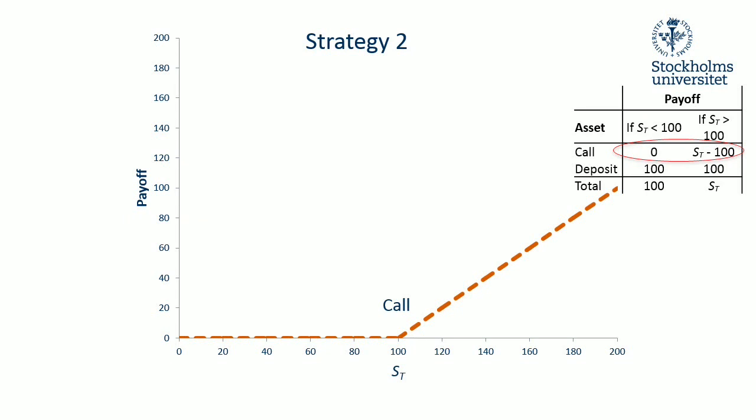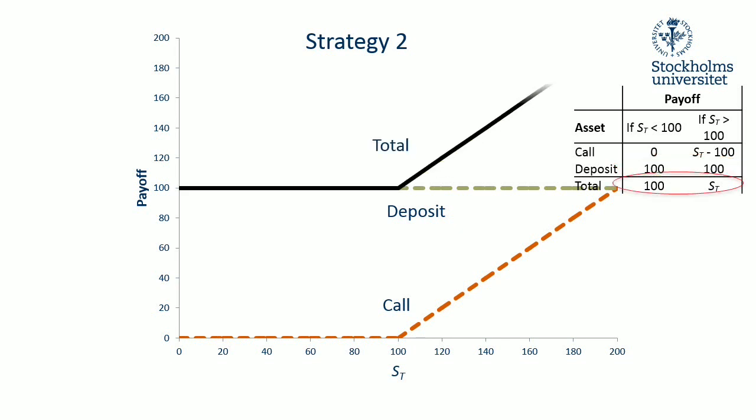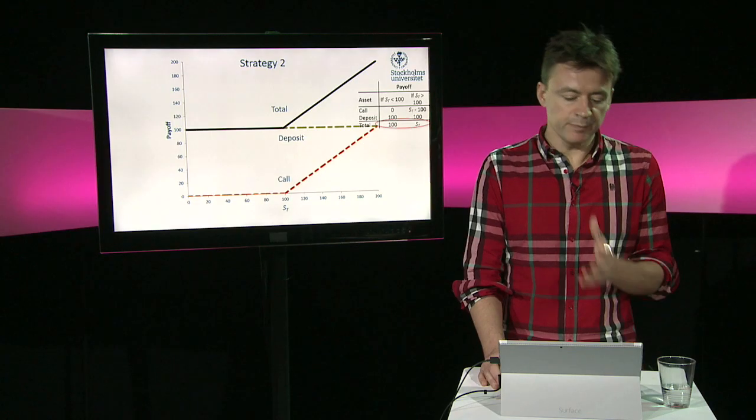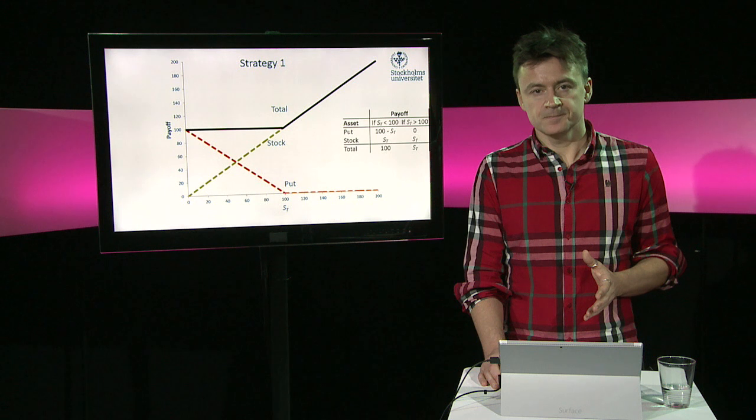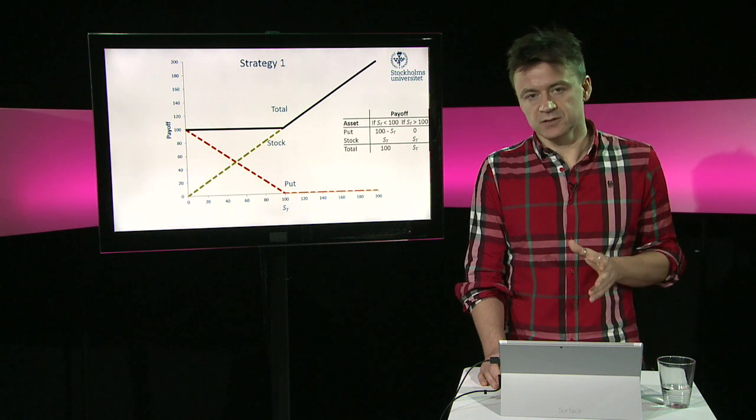On one hand, we have the payoff of the call that we have just derived, and then we have the payoff of the deposit in the bank. We also concluded that the total payoff of this strategy, which is the total of the payoffs of its individual components, is going to be equal to that. So when we compare it with the payoff of strategy 1, we see that it is identical.